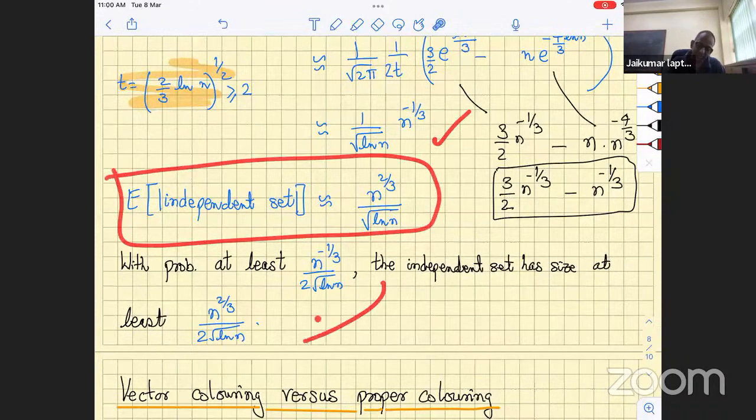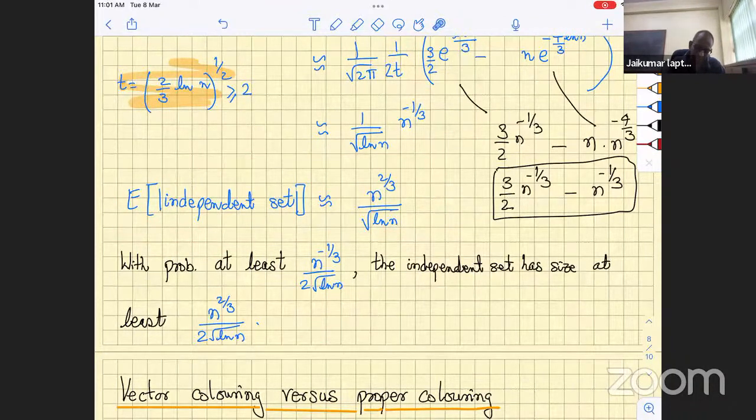This expectation, by Markov's inequality or some such thing, I'll let you think about it. I mean, nothing fancy, just think about it. How can this be that the expectation is so large? Then with reasonable probability, you must be generating something which is at least this much. Okay. Yeah.